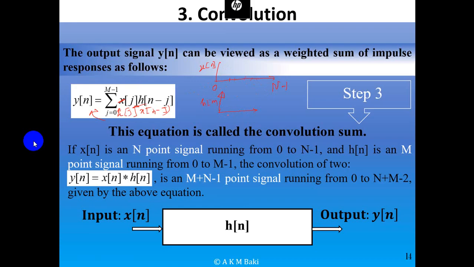Let's say m number of samples starting from 0 to m minus 1. Now when xn is convolved with hn, you need to know the total number of samples for the output. That can be found out when you know the total number of samples for the input n, and for the impulse response m. For the output case, it will be m plus n minus 1.